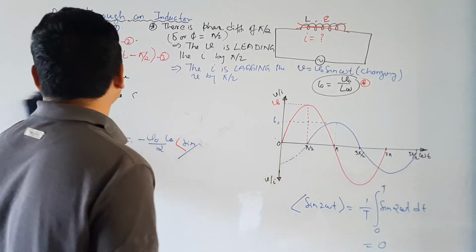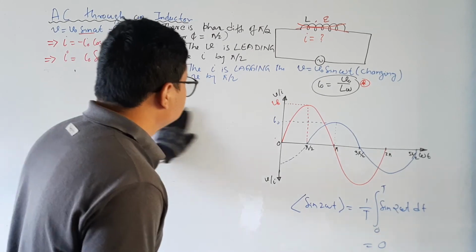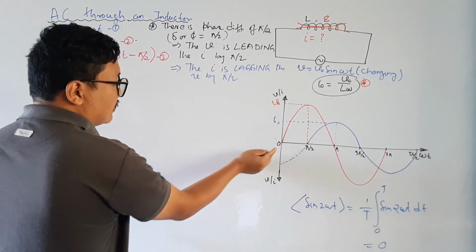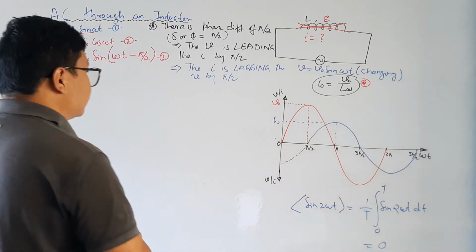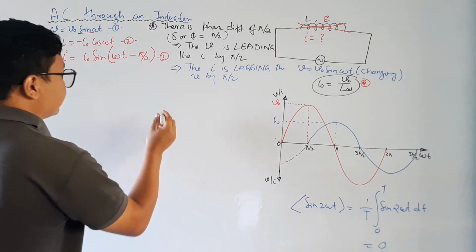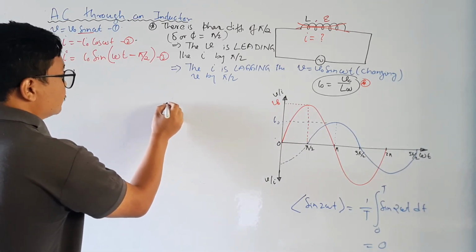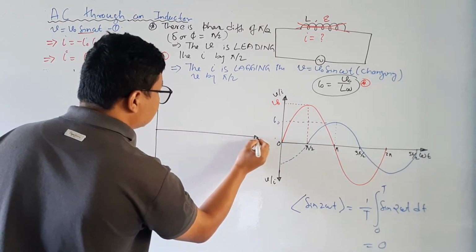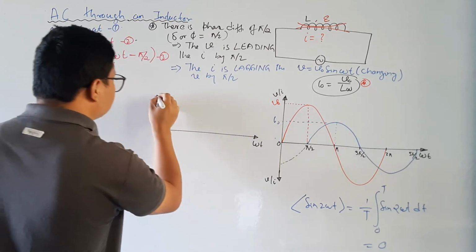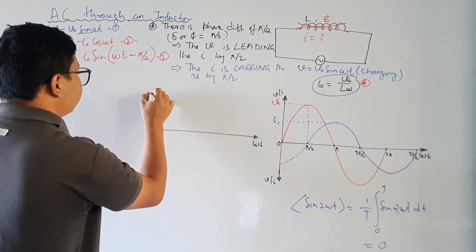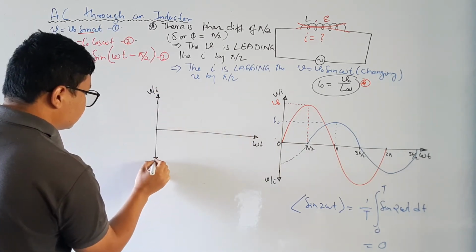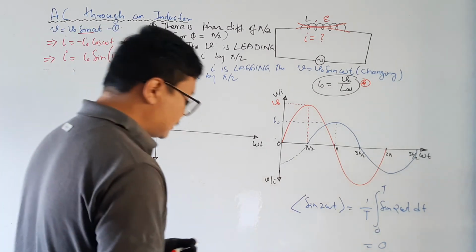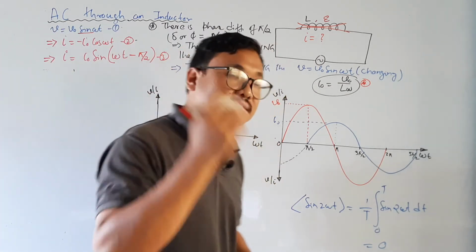Now, let us go to the phasor diagram. As already said, we can also extend this line and draw it here, but it will become very rough. So, I will make the phasor diagram here. This is my phasor diagram, omega t, and this is my V or I. To draw the phasor diagram, first we have to draw the voltage.